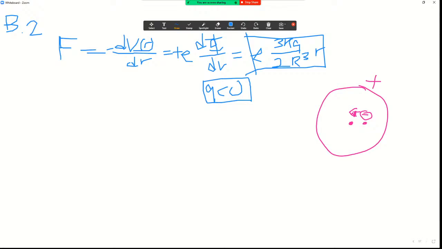Wait a minute. Is this part dominant or this? Okay, this can be less than 0, yes. Right, it should be less than 0. Okay.